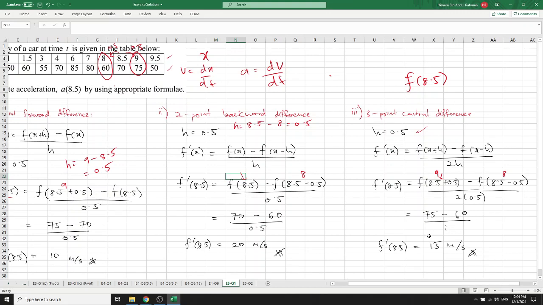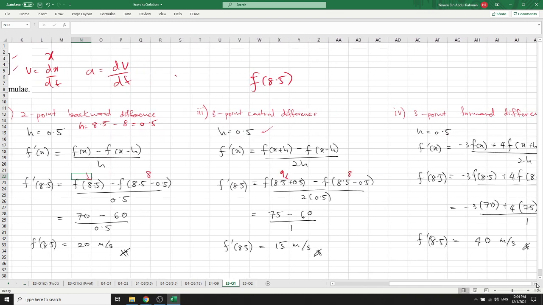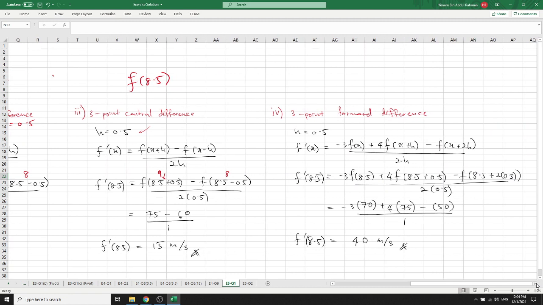As you can see here, the other method. We look first at the 3-point forward difference. What they want is that at this point 8.5, f 8.5 is involved based on the equation. So this is fx.